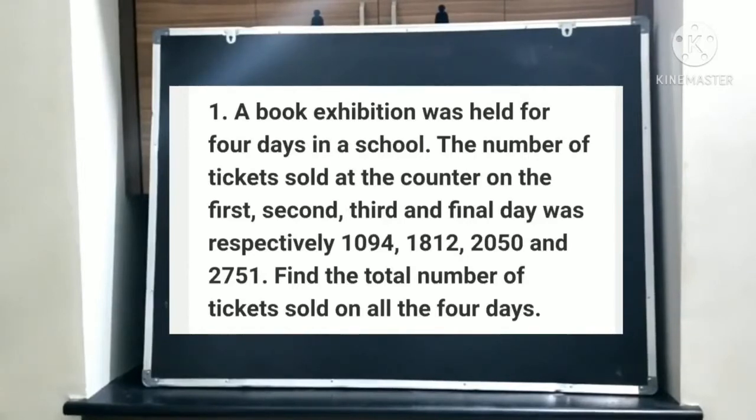So we have to write the number of tickets sold on the first day, second day, third day, and fourth day. You have to write everything. Then add the total number of tickets sold in the 4 days. Clear? Let's do it.